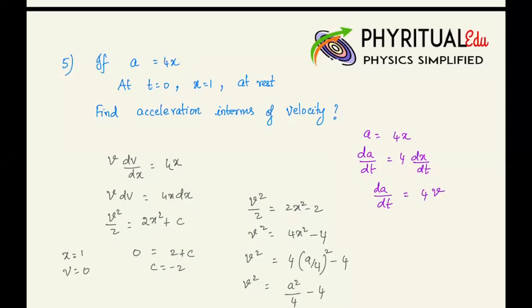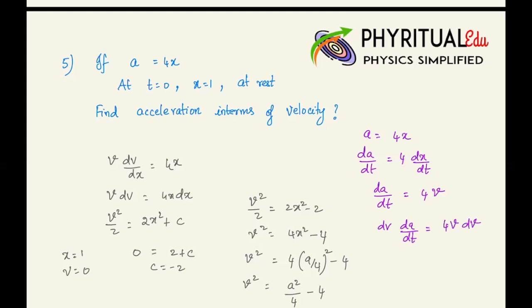Now we want to get rid of time and bring a relationship between a and v. So now you multiply with dv on both sides. When you multiply with dv on both sides, you will get dv times da by dt equal to 4v dv.